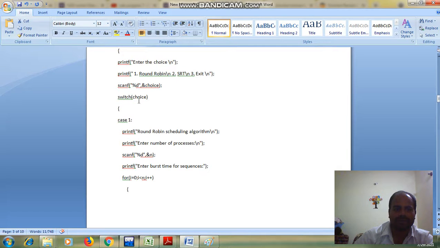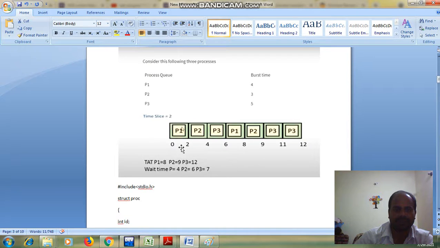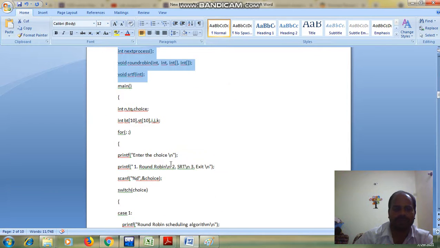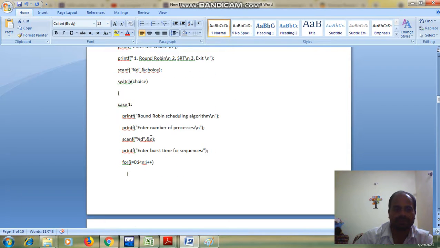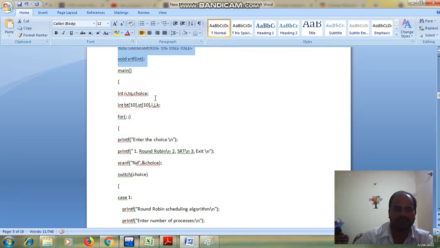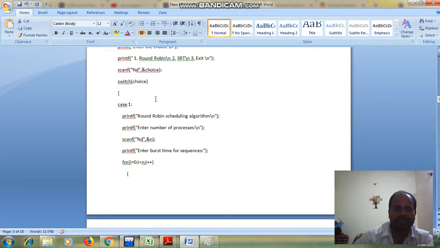So switch on choice. If choice is 1, that is case 1, it is the round robin scheduling algorithm. Then enter the number of processes. As in the diagram you can see that there are 3 processes, P1, P2, P3. So we have to enter the number of processes, percent d and &n. Here n is the global variable which represents the number of processes for the round robin.